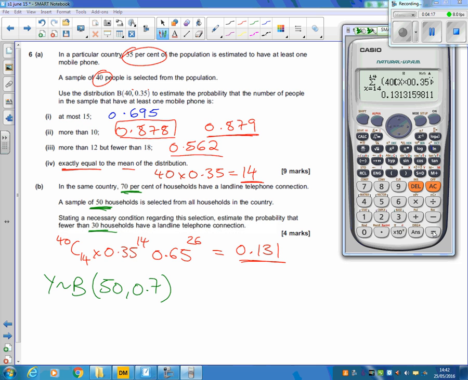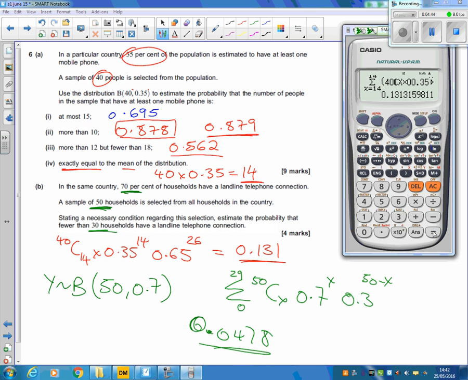So this time we're doing our summation fewer than 30, so from 0 all the way up to 29 of 50 choose x, 0.7 this time to the x, 0.3 to the 50 take away x. Tap that into the calculator and you're getting an answer of 0.0478.